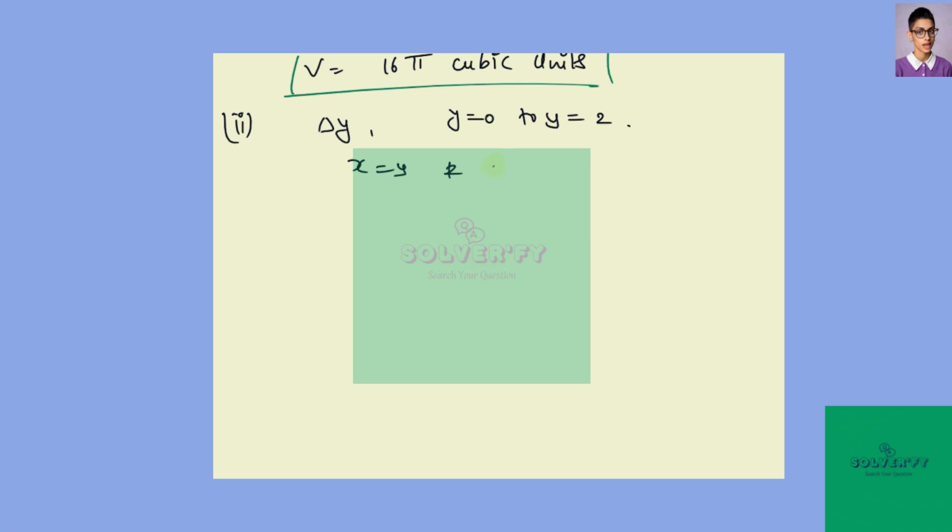When it is rotated around the y-axis it creates a disk having volume pi x squared del y, which can also be written as pi y squared del y. So volume V1 equals the integration over 0 to 2 of pi y squared dy. Calculating this value, we have volume 8 pi by 3 cubic units.